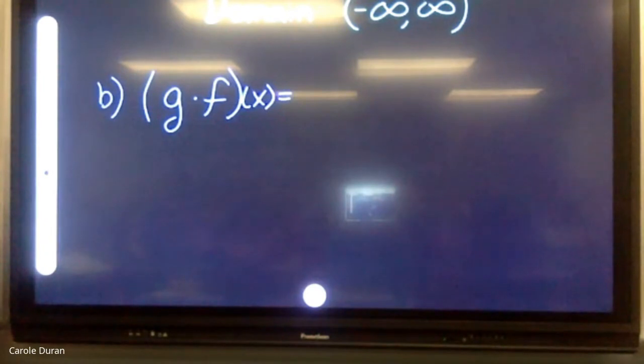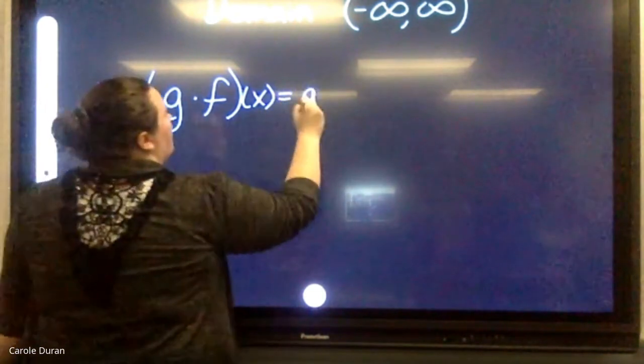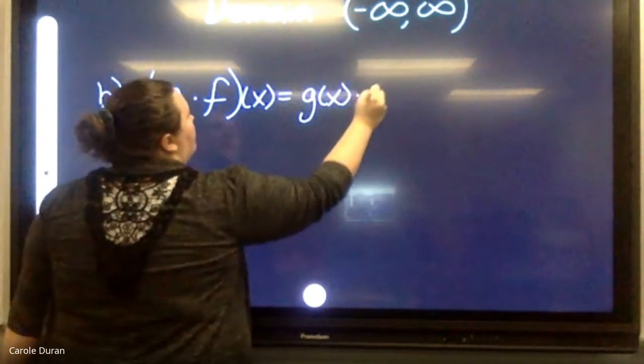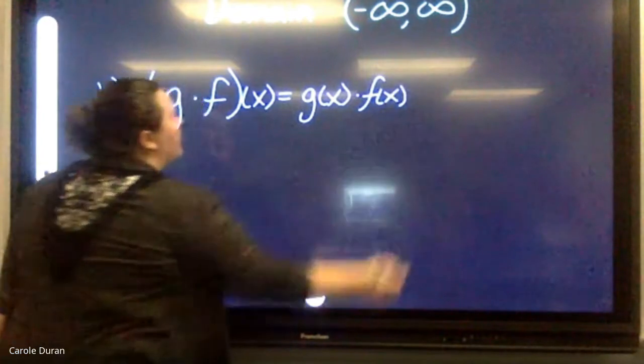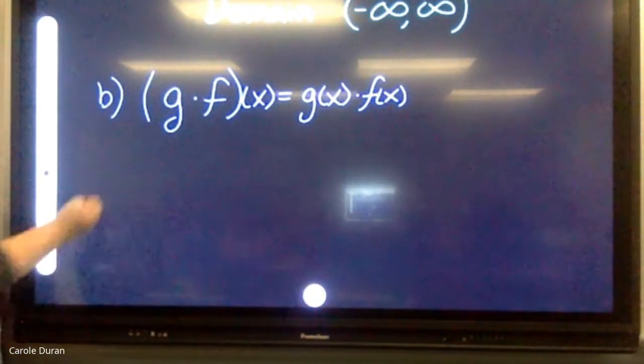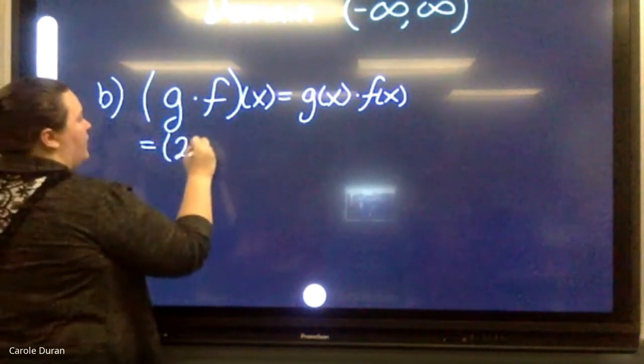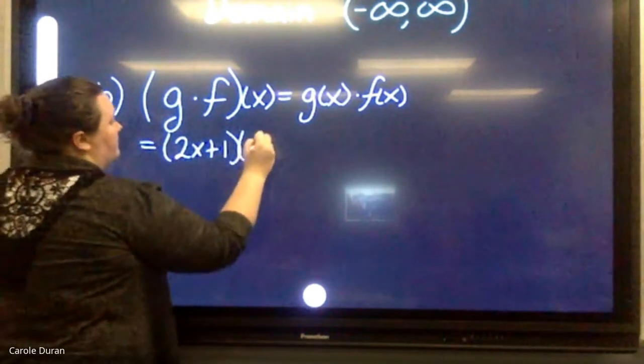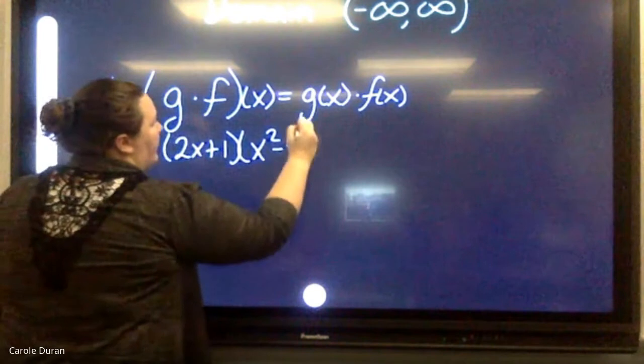We're going to use the same properties as before, and we're going to use the same functions that we already identified. So this is the same as g of x times f of x, remember, because I have to follow the order that is written in the problem, which means I'm going to have 2x plus 1 times x squared minus 4.